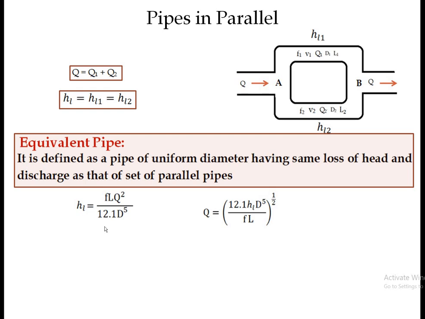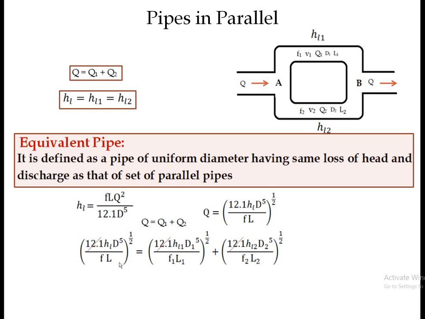So Q equals 12.1 into HL D raised to 5 divided by FL, all raised to 1 by 2. This is the discharge in the equivalent pipe when I replace the parallel set of pipes by the single uniform diameter pipe.